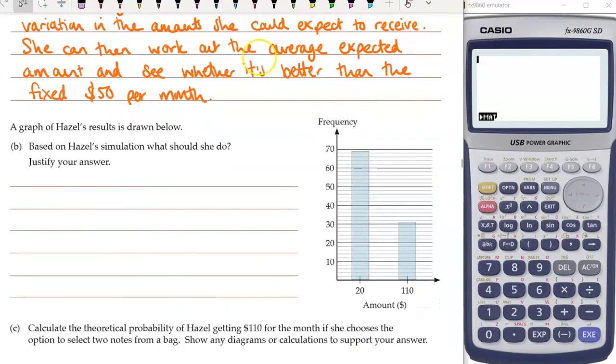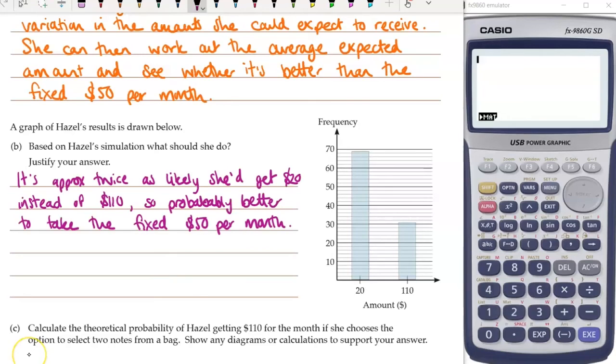Okay, so the graph that we've got, $20 came out quite a lot. $110, almost half as much. So for that one, it's looking like roughly 2/3 of the time she would be only getting $20, so you'd probably want to go for the $50 a month.